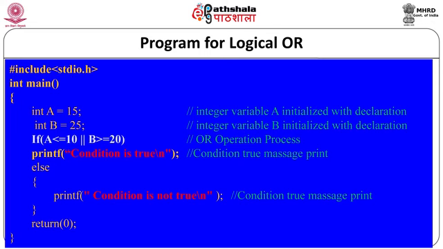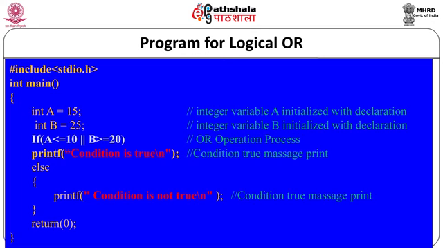B is greater than 20 because the B value is 25, so the second expression is true, but the first expression is not true because A is not less than or equal to 10. Now you are using the OR operator between the first expression and the second expression.